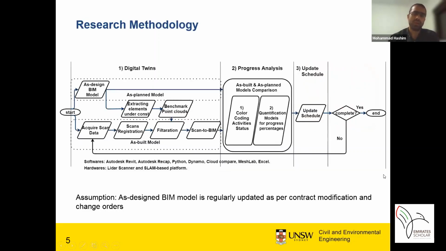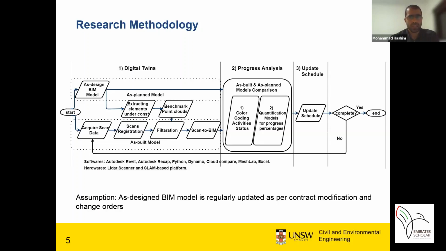Based on those objectives, we provided our research methodology in 3 stages. In the first stage, digital twins, we have the as-designed BIM model on the one hand, and the acquired scan data from the construction site on the other hand. In this phase, we filter out the noise and redundant elements, obtain a clean point cloud, and convert that point cloud back to a BIM model.